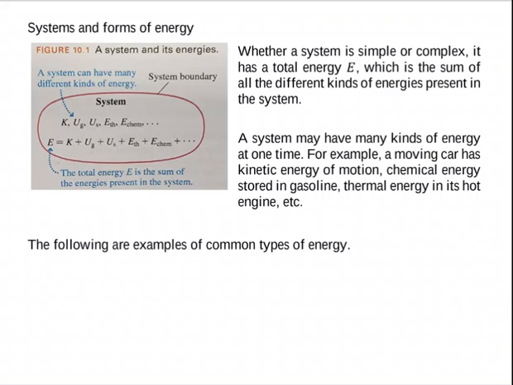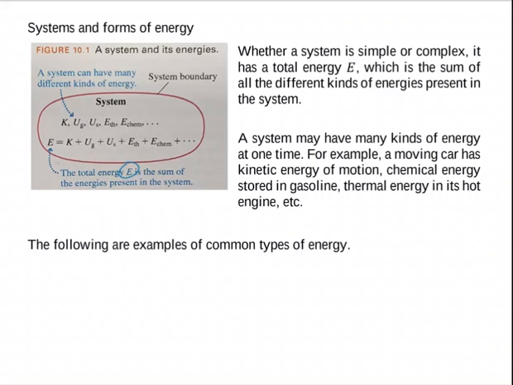The total energy E equals K plus U sub G plus U sub S plus E sub TH plus E sub chem plus and so on. So the total energy is capital E, and that is the sum of all of the energies present in the system. Now the question is, what are all these other things, the K and the U sub G and the U sub S? We don't know what those are just yet.